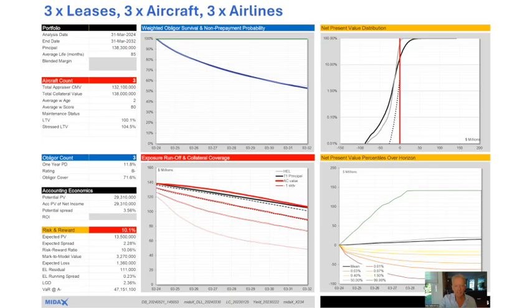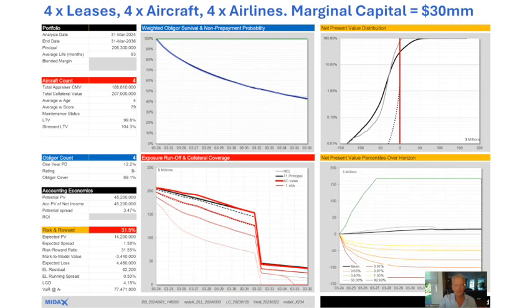with the 3 leases. Then with the 4 leases, I add lease number 4. I have a marginal capital of 30 million. But if I add the 4th lease with the same lessee I had on lease number 2, then my marginal capital is 32 million.